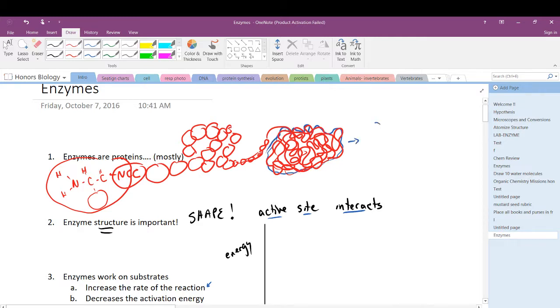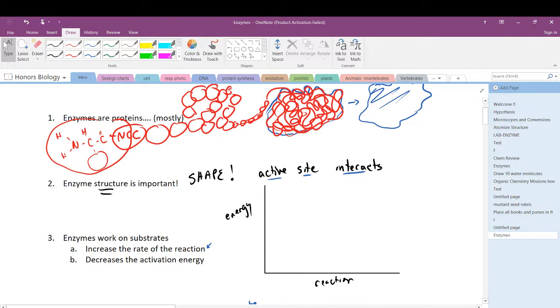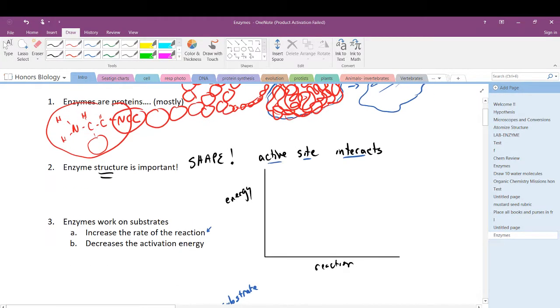Oftentimes in books, the outline is given, and sometimes they shade it in to give it a solid shape. So you're going to hear me say that a lot. That shape to an enzyme, and indeed the shape of any protein, ends up being very crucial. Why that is crucial has to do with how an enzyme works.